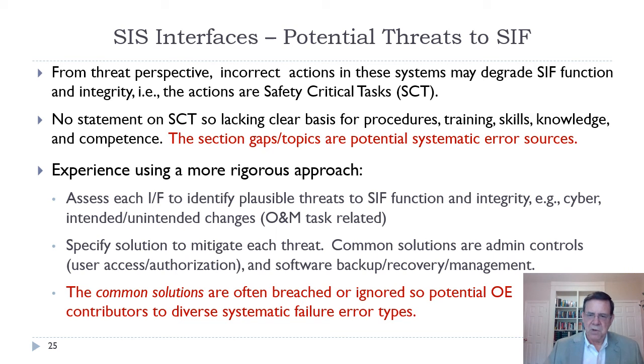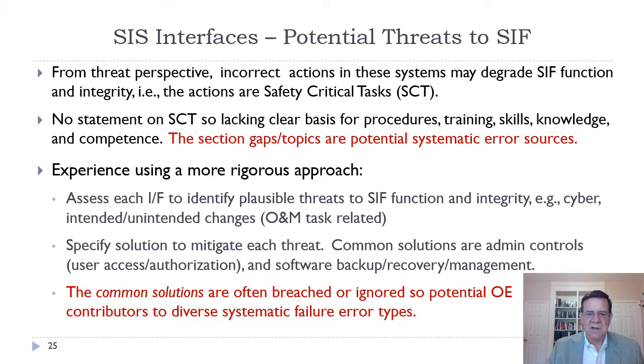Virtually most of these are mitigated by administrative controls, so things like user access and authorization, or for cyber events, software backup recovery and software management. And I think we're all aware software management is a key weakness in most organizations. And the question is, how often does a facility actually attempt to do a recovery to make sure their backup recovery is going to work?